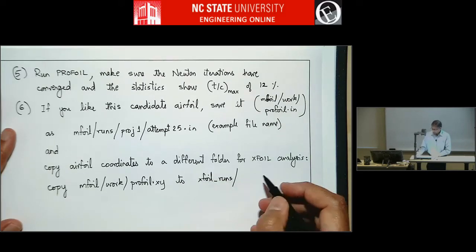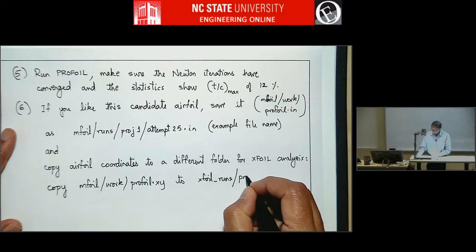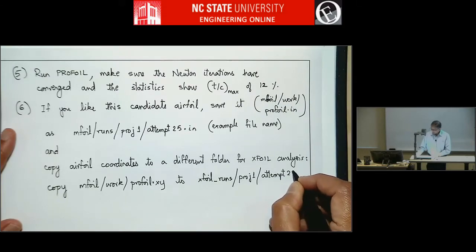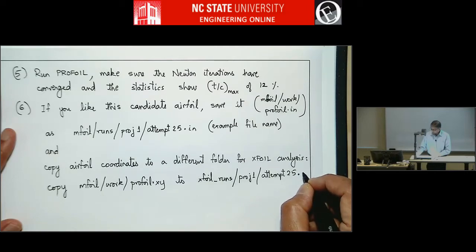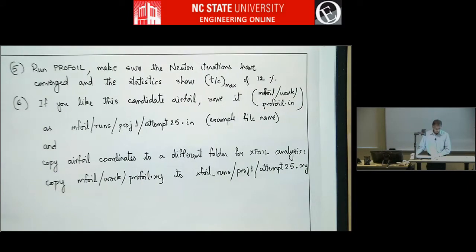I'm just going to give an example, maybe the folder xfoil_runs, project1, and this can be something like attempt 25.xy or .dat or something like that. Right, this is your coordinate file.